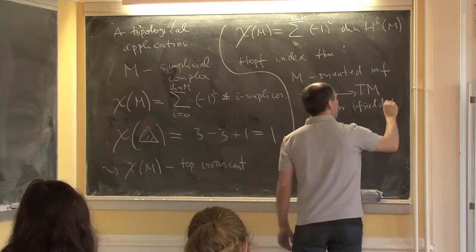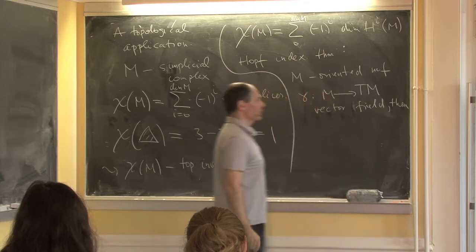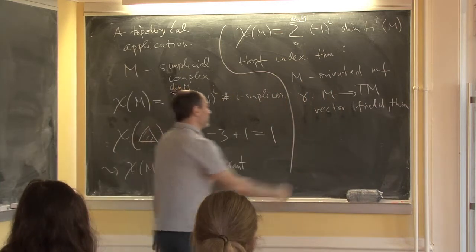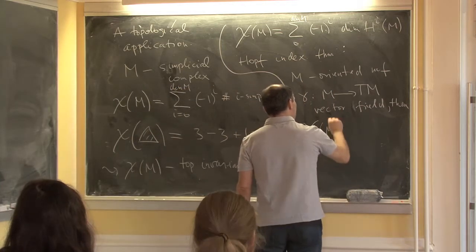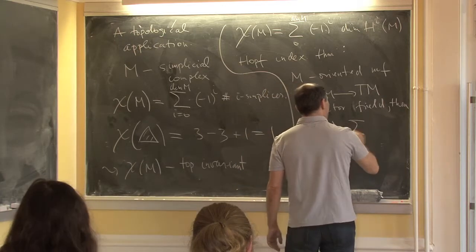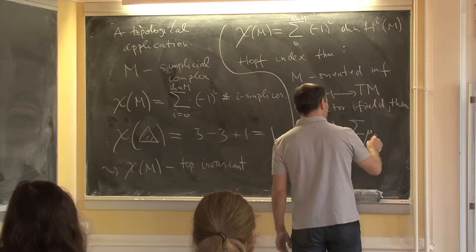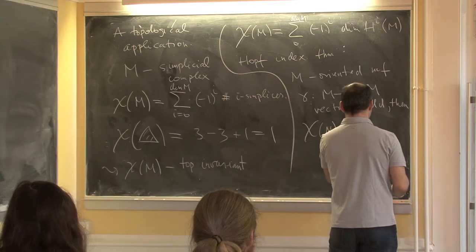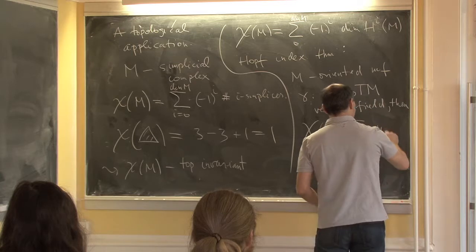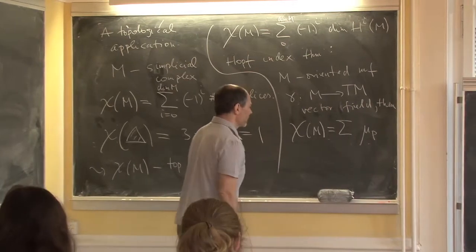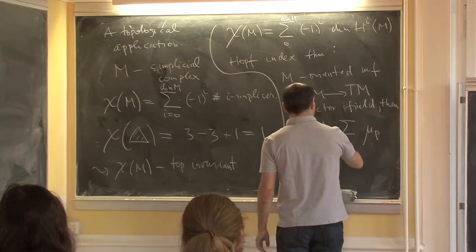Then, by some localization principle to which we'll come back, the Euler characteristic of M is just the sum, with some multiplicities which I'm not going to define precisely, but these are some integers, over the zeros of the vector field.